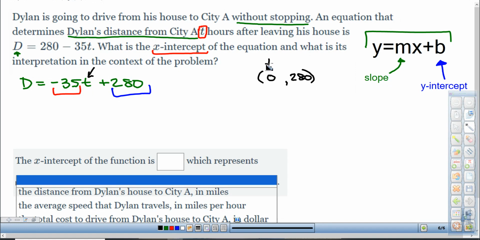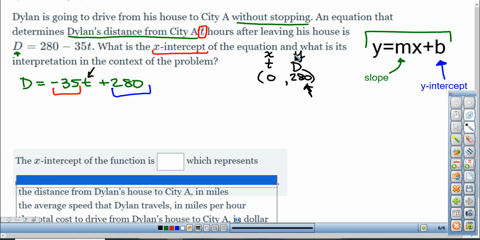And remember, this is t, the input, it's normally the x, right? This is t, saying 0 hours, and this is y, which is actually the distance. So it's saying 0 hours into the drive, and he's 280 miles away from his destination. That means that the y-intercept, 280, tells us how far his journey is that he's getting ready to make.